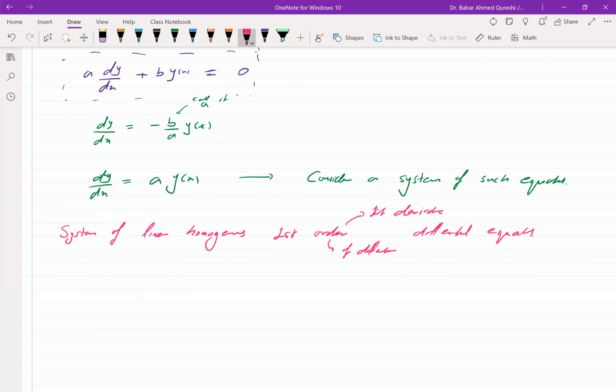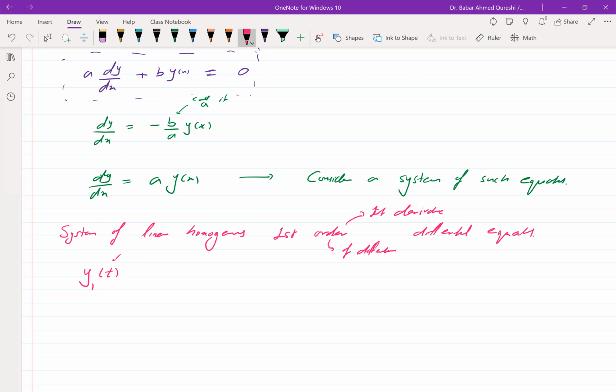What do I mean by a system? I have many functions. This is my function, and it's a function of, let's say, the variable t, because I'll be giving many examples where this variable is time and the function changes with time. So this looks nice. I'm only considering one variable, not more than one variable, but many functions of this variable.